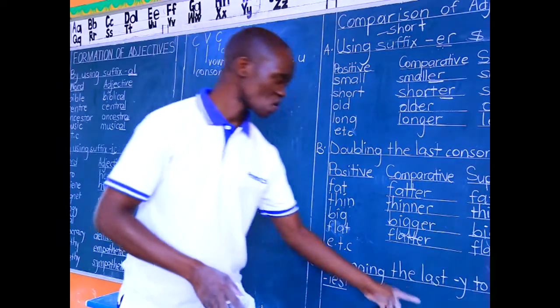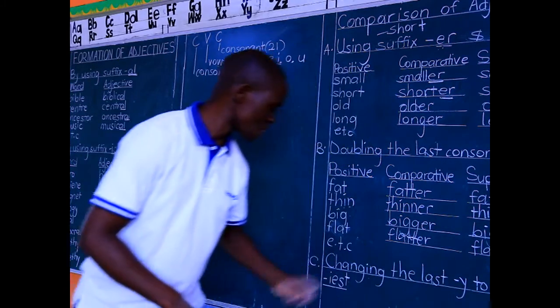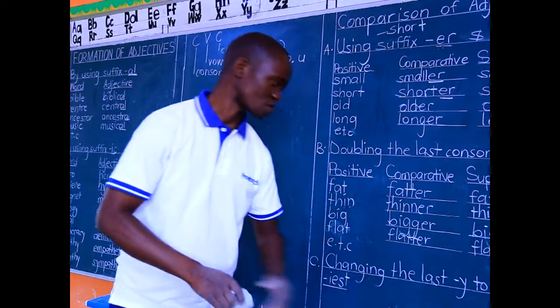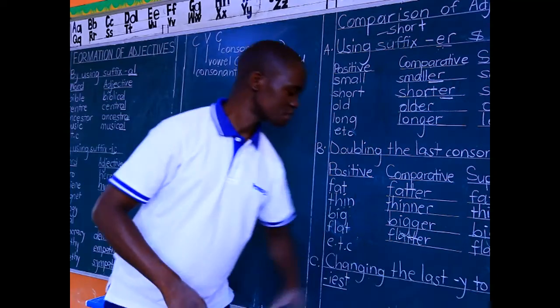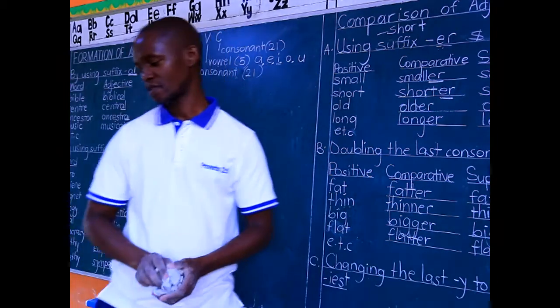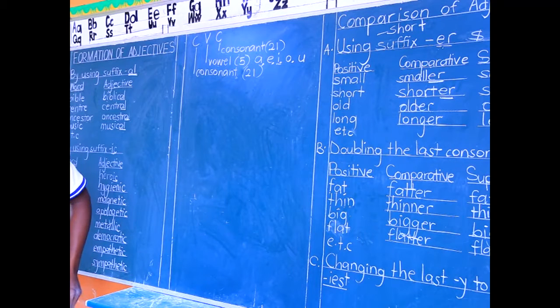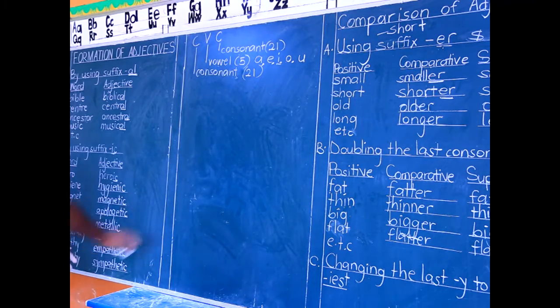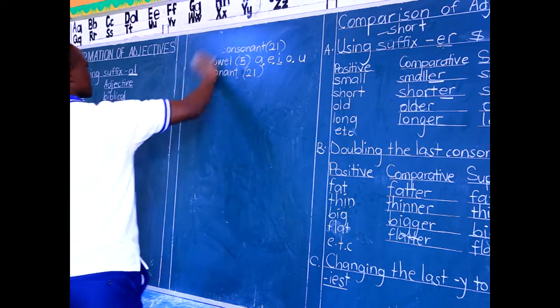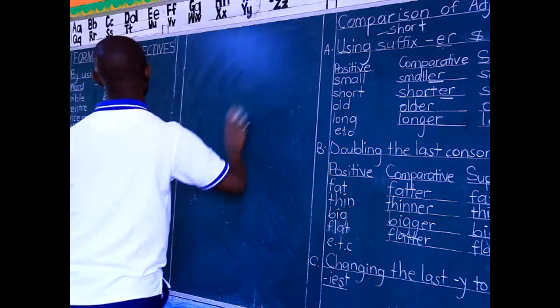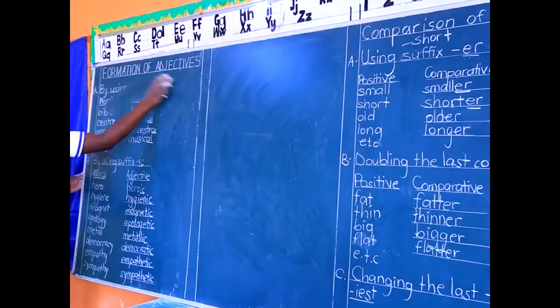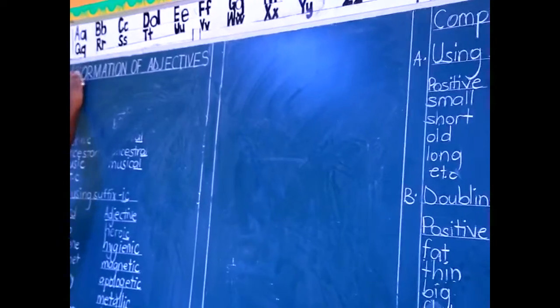Changing the last Y to IER and IEST to form the comparative and superlative degrees, respectively. That's what we want to look at before we call it a day.